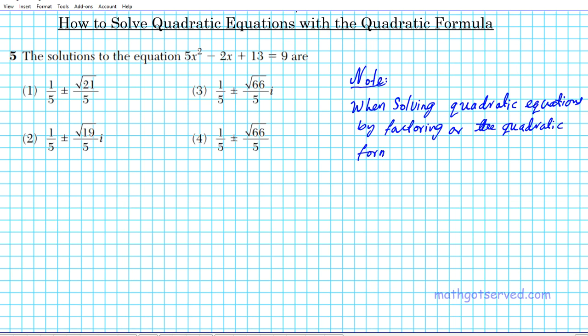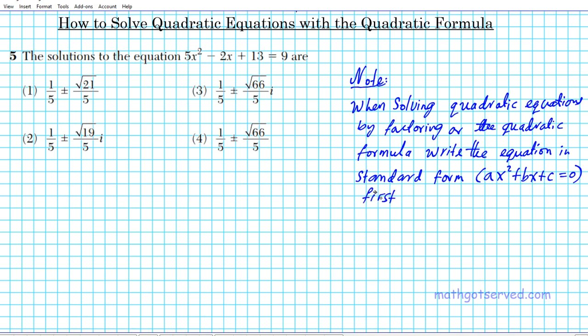You have to write the equation in standard form first. What on earth is standard form? Standard form is ax squared plus bx plus c equals 0. You put all the terms on the left side, simplify completely, and write the terms in descending order of degree, equals 0. You have to do that first, or else you're going to totally ruin the problem.